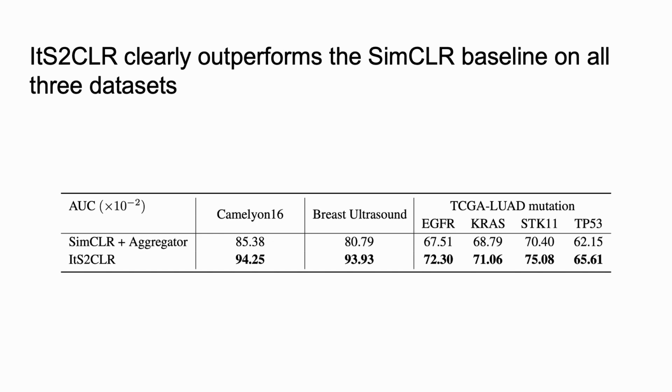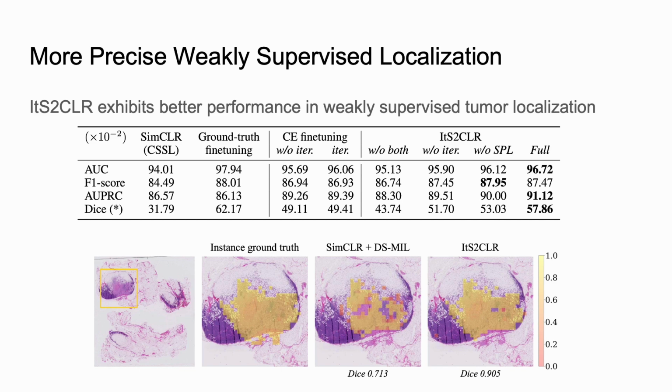On all of these three datasets, our framework consistently improved over the traditional multiple instance learning baselines, where we only pre-train the instance representations with self-supervised learning methods like SimCLR. Besides the bag-level performance, we also evaluate the instance-level performance on the Camelyon16 dataset, where we have access to the ground truth instance labels.